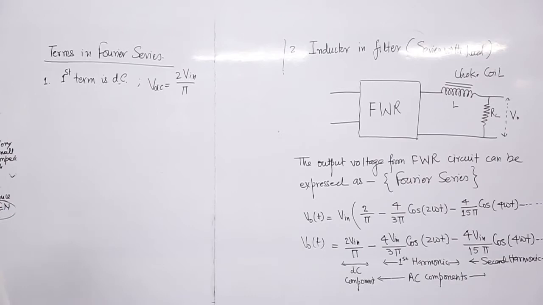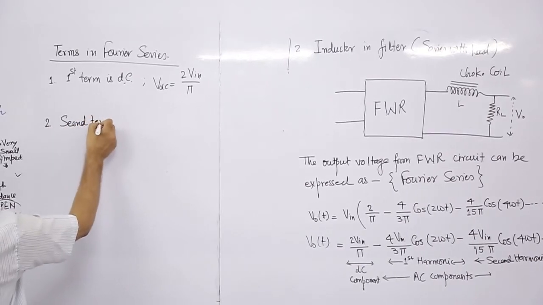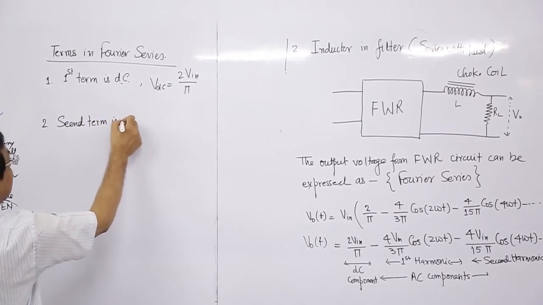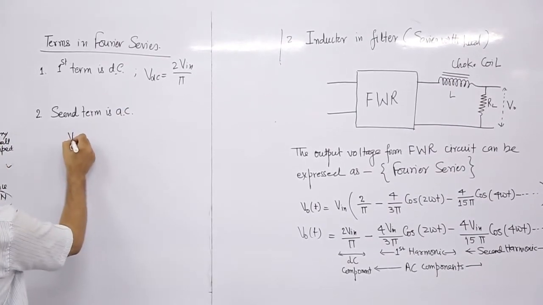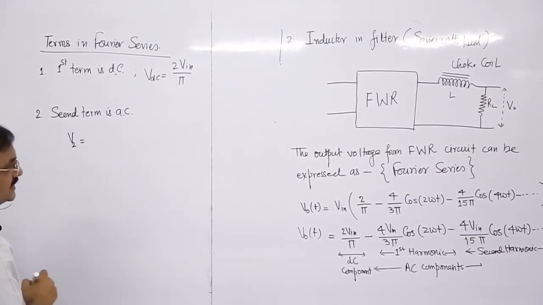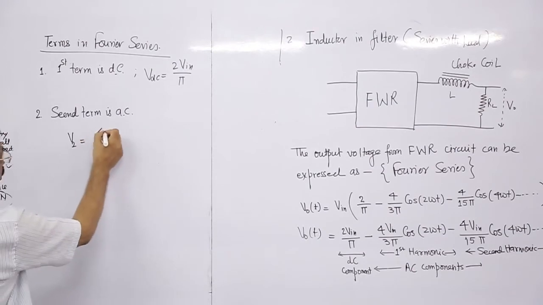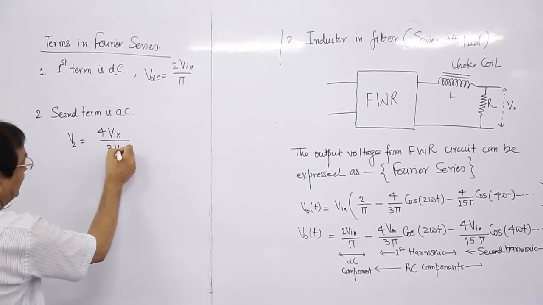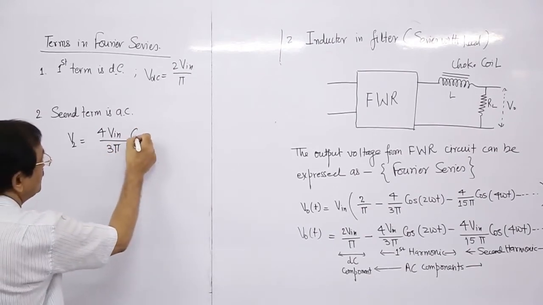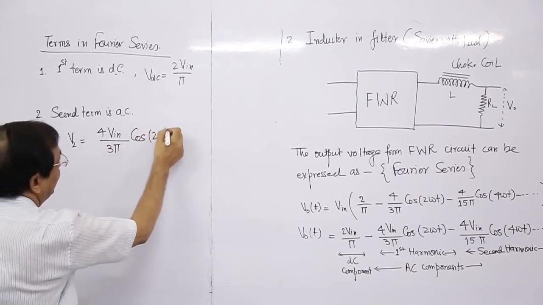The second term is AC, so V_2 is 4 V_in upon 3 pi cos 2 omega t.